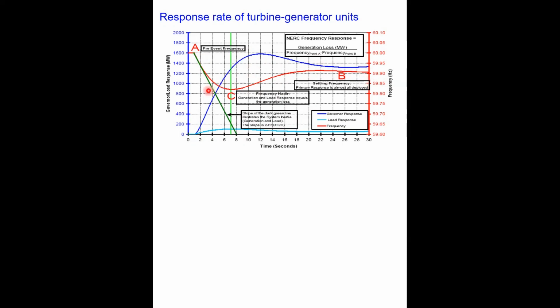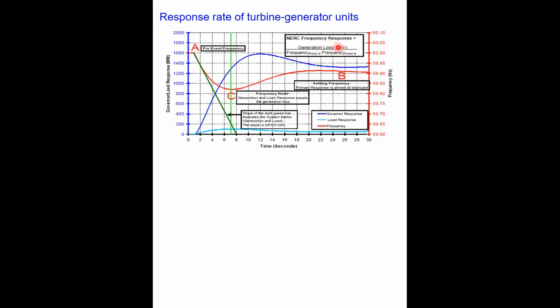Now this governor and load response has been shown for ERCOT, the Electric Reliability Council, where as per NERC, frequency response is defined as the change in generation loss divided by the difference between the frequency at point A and the frequency at point B here.